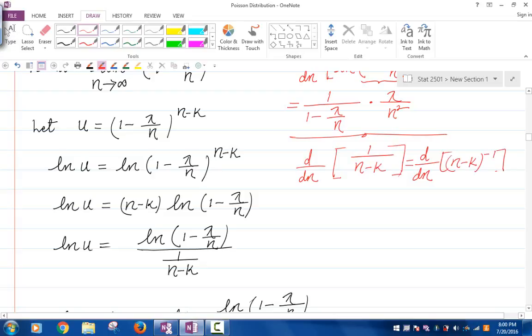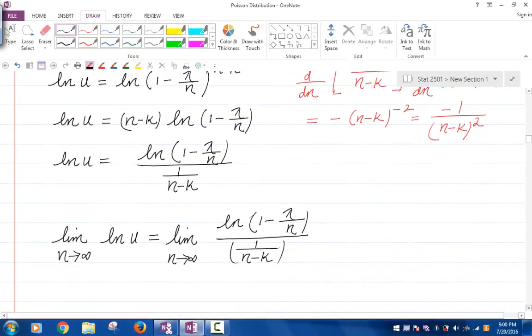K here is fixed, so this would be equal to minus n minus k to the negative 2, which is minus 1 over n minus k squared. Okay, so let's plug them in.